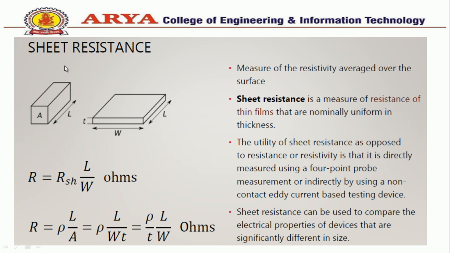From this figure, it is the diagram of a particular material which has W width, L length and T thickness. So R is given by R equal to RSH L upon W, where RSH is the sheet resistance. In another way, we can represent R equal to rho L by A, where A can be represented by W into T, and totally you can see that rho upon T is equivalent to RSH, which is the sheet resistance.